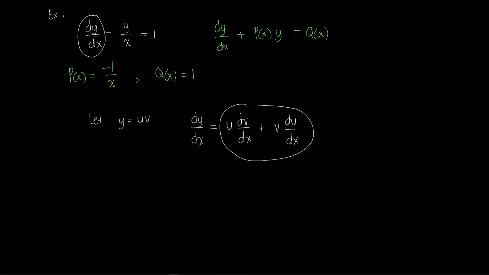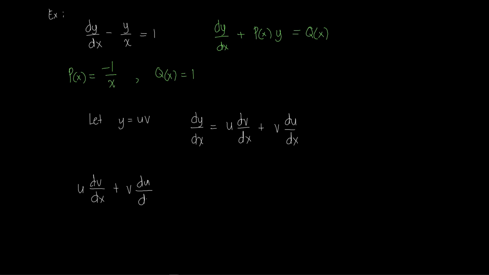So what happens is it becomes u dv over dx plus v du over dx, which we substituted, then minus y over x equal to 1.